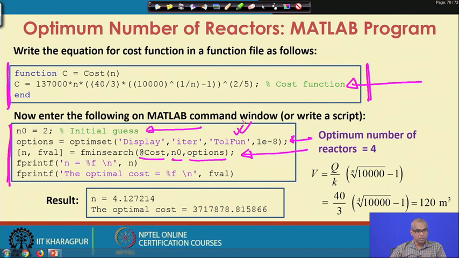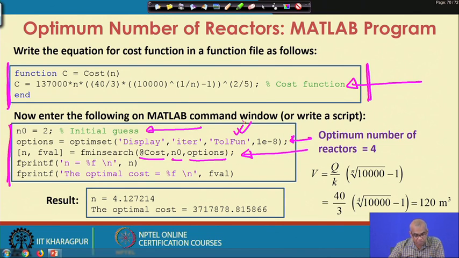The output will be n, which is the optimal number of CSTR units, and fval is the function value at this optimal number of CSTR units. That means, the cost associated with the optimal number of CSTR units.